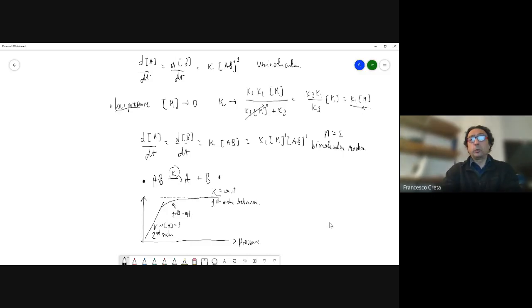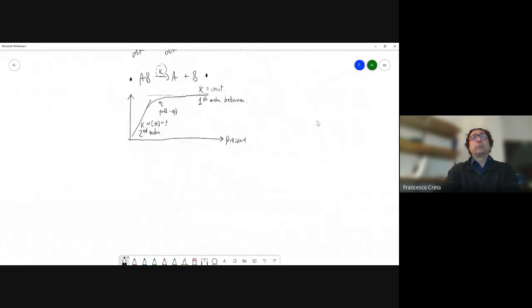Now, we'll move a little bit more towards the actual combustion process, okay? I use the word process here because it's clearly a kinetic process, okay?